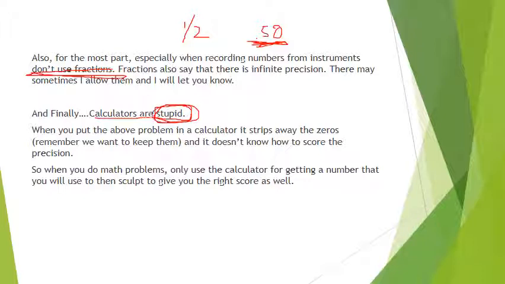They just do what they're told to do. So when we put in 1.00 divided by 3.00, it just writes down 0.33 repeating. It just gives you a number. It doesn't tell you how good that number is. So what you can do is use your calculator to get the number first, and then sculpt the number to get the right precision score.